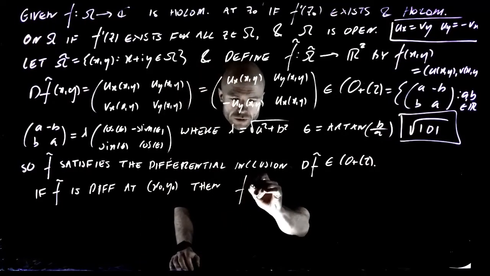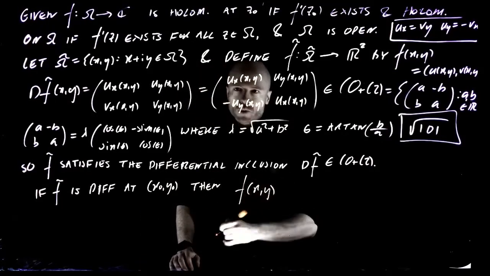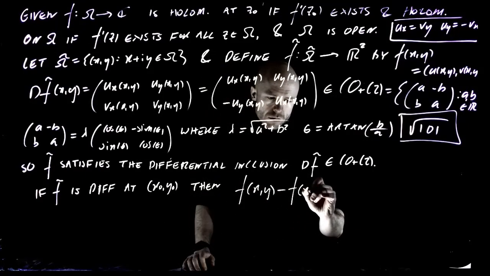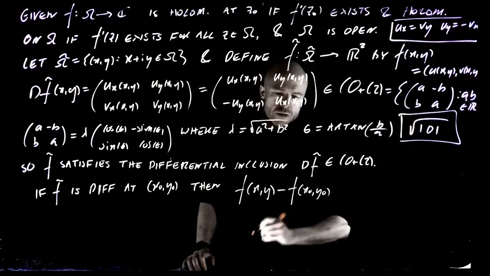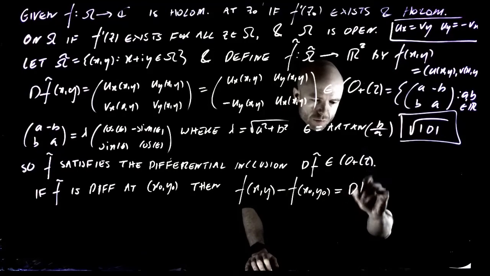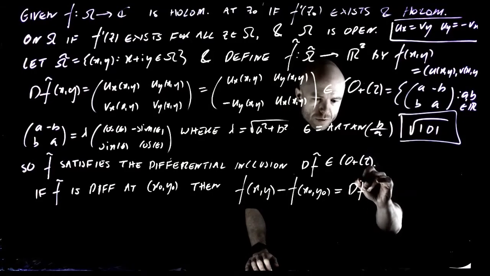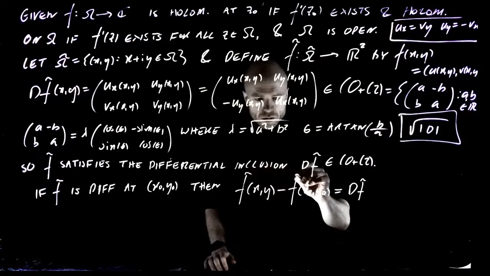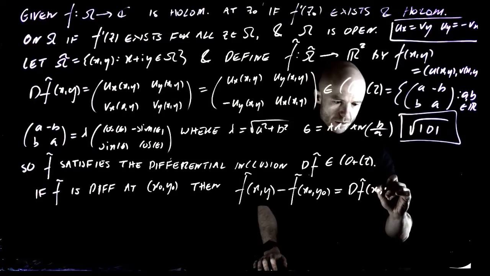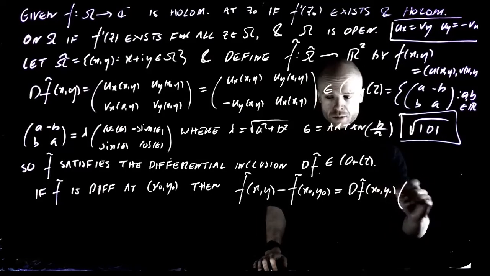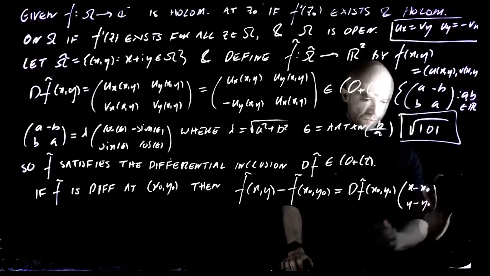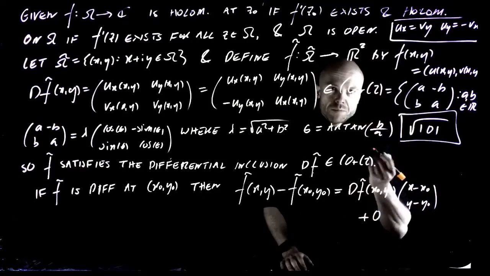It means that if we have some xy near x0, y0, then f tilde of xy is equal to the derivative, which is this 2 by 2 matrix at the point x0, y0, acting on this vector, x minus x0, y minus y0, plus some little error.